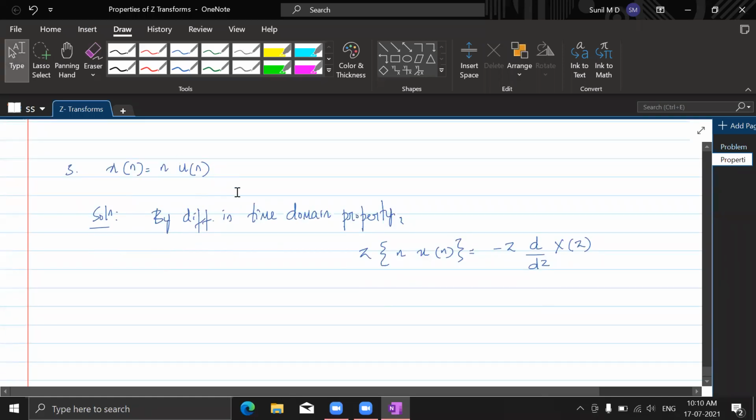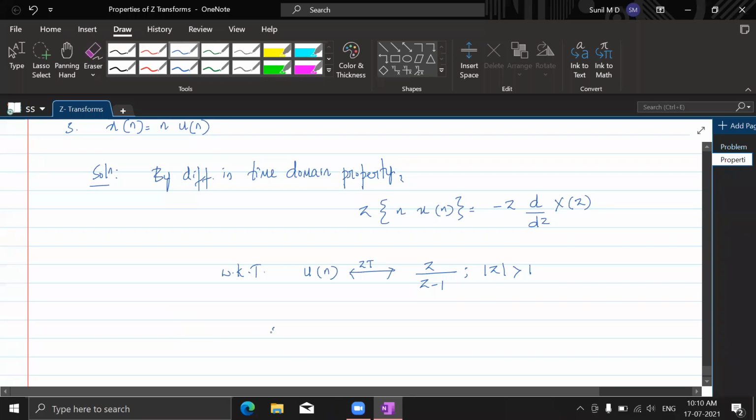What is the basic signal here? Basic signal is u of n. We know that Z transform of u of n is z by z minus 1 with ROC z outside the circle with radius 1.